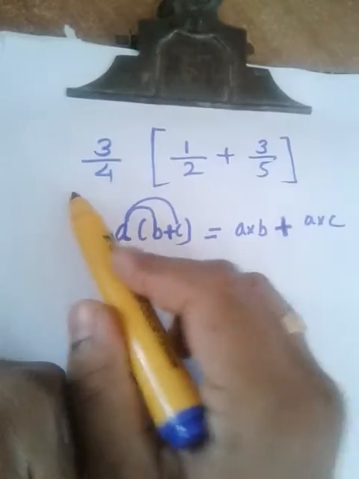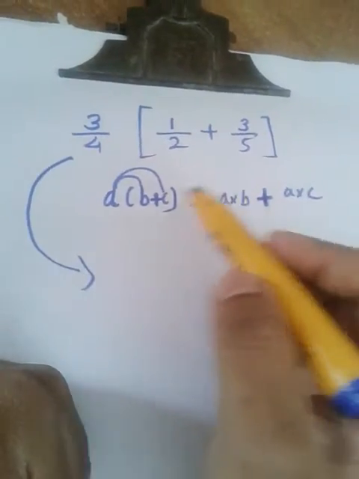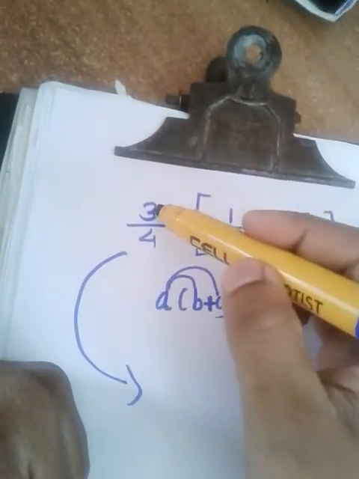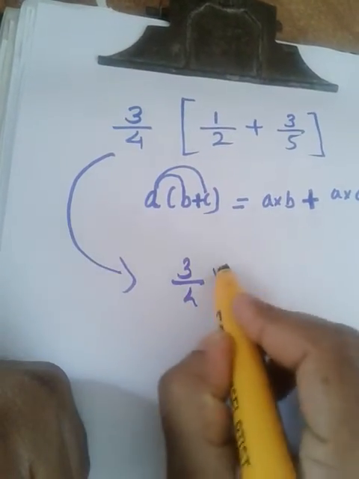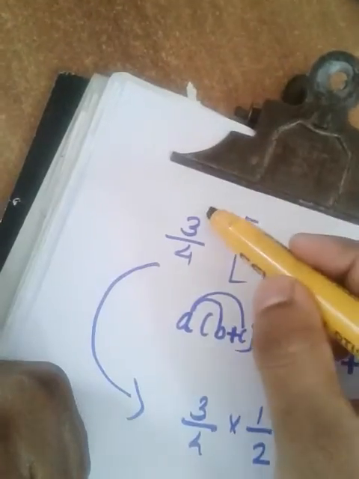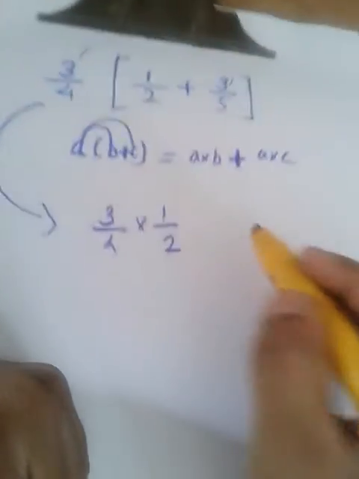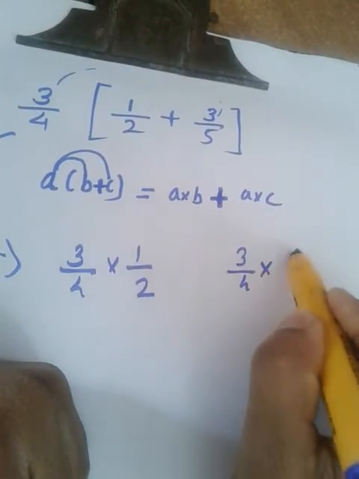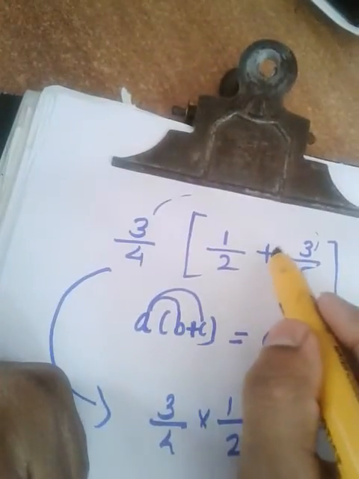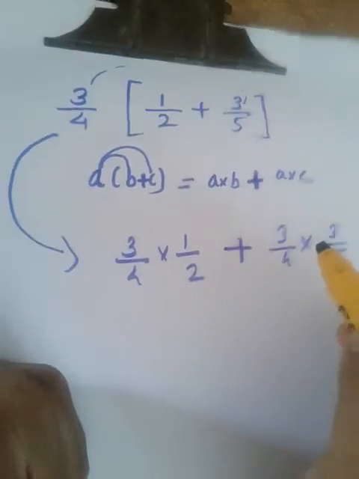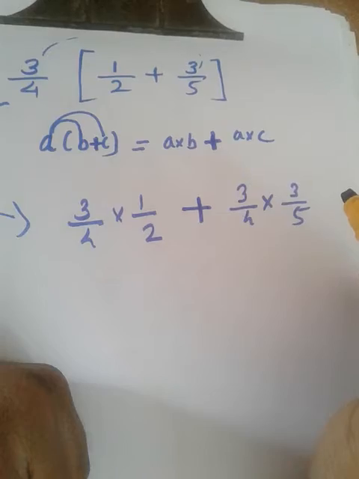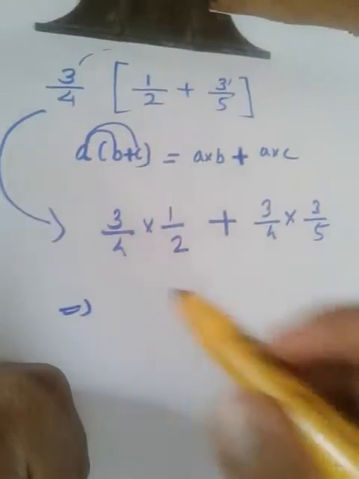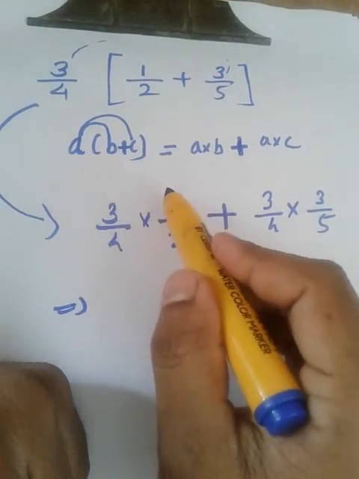By applying this property, I am going to expand this. First of all, we should multiply 3 by 4 and 1 by 2, 3 by 4 into 1 by 2. Then we should multiply 3 by 4 with 3 by 5, 3 by 4 into 3 by 5. In between, we maintain the same sign, plus. Now this is a fraction and this is another fraction.